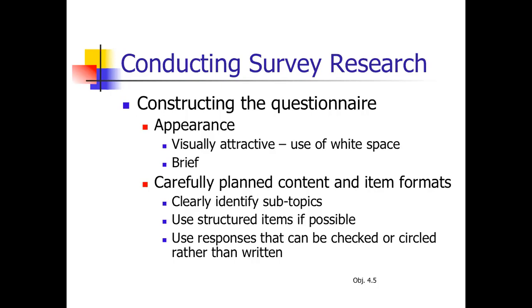You have to carefully plan the content and the item format. For example, if you are dealing with motivation, you have to clearly plan the subcomponents of motivation, such as intrinsic motivation and extrinsic motivation.